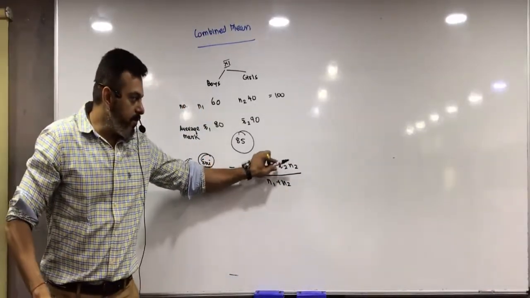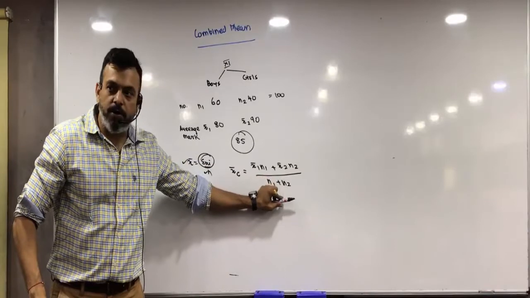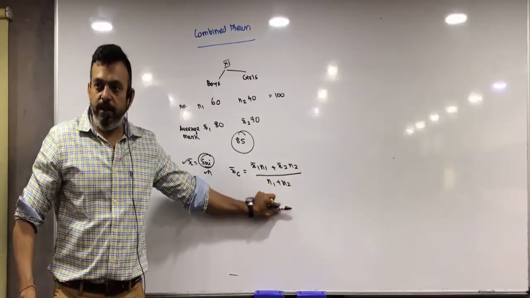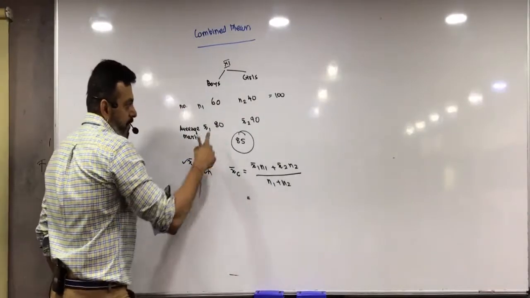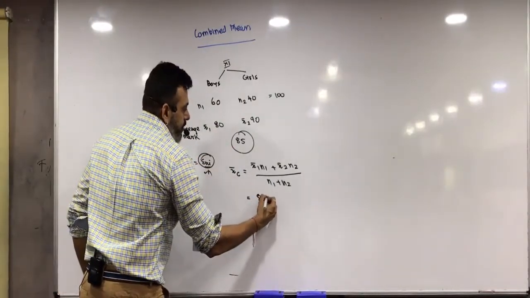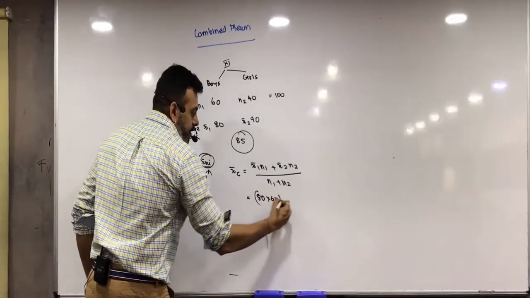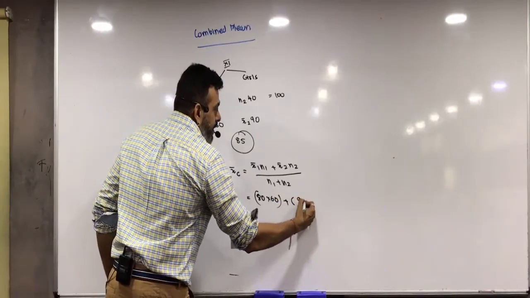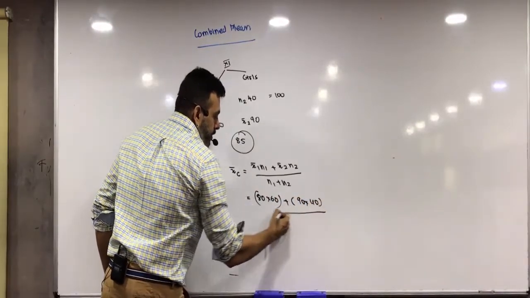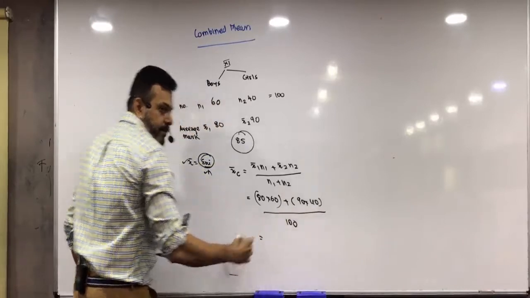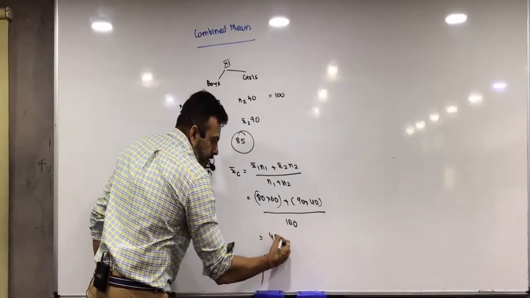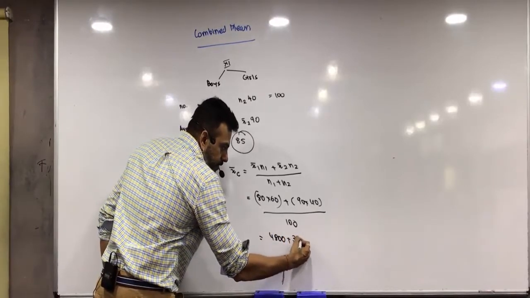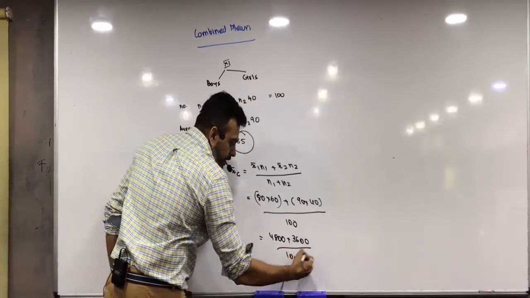Formula of mean is sum of observations upon number of observations. Understood this? Now which is equal to what? x bar 1 is 80 into 60 plus 90 into 40 upon 100, which is equal to 4,800 plus 3,600 upon 100.